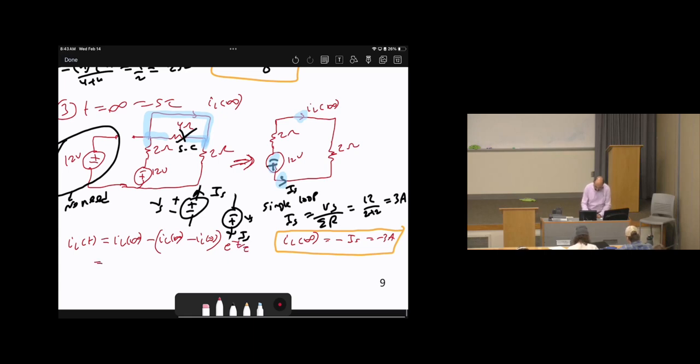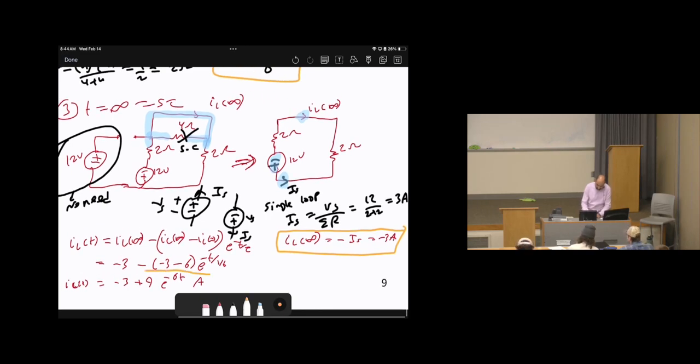So IL of infinity, which is negative 3, minus negative 3, minus IL of 0, which was 6, e power negative t over tau, which is 1 over 6. So after simplification, it will be negative 3 minus minus 9, then there's a negative sign, we'll make it positive. So plus 9 e power negative 6t amperes. This is IL of t.